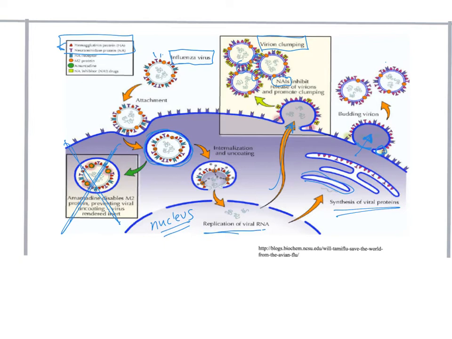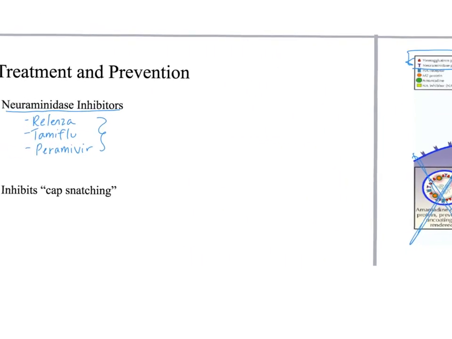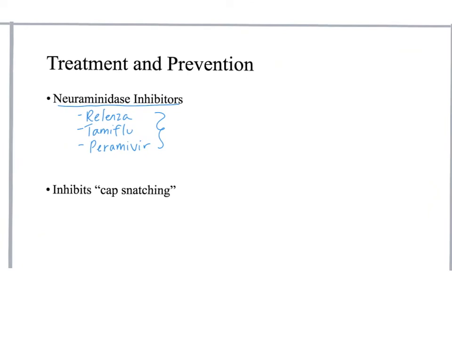That's bad for the virion, because our immune system is more likely to notice antigens that are all clumped together. Remember, that's one of the functions of antibodies, to agglutinate. So, in theory, that is what neuraminidase inhibitors like Tamiflu and Relenza should be doing.